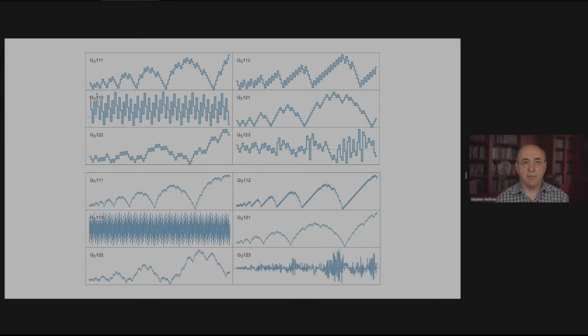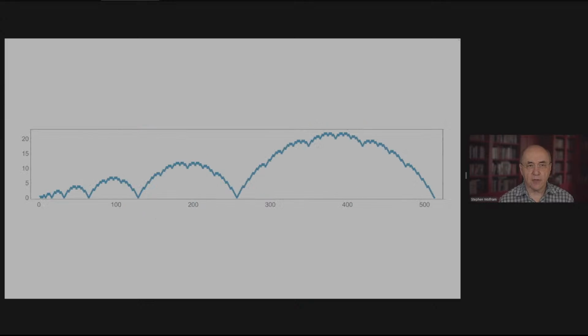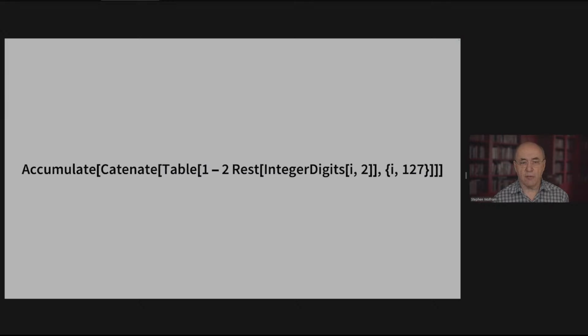So for G sub 3 1 1 1, using initial conditions f of 1 equals f of 2 equals 1, and plotting f of n minus n over 2, we get this form here, which has a nested structure that's closely related to the result of concatenating binary sequences of successive integers, a Champernowne number type thing. But despite the regularity in the sequence of values, the evaluation graph for this function is not particularly simple.